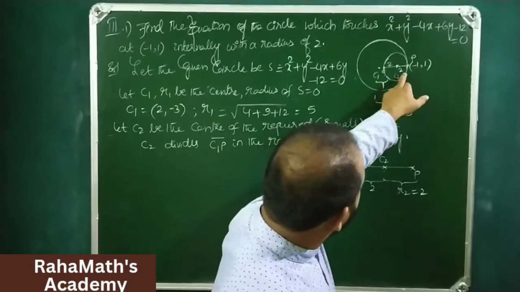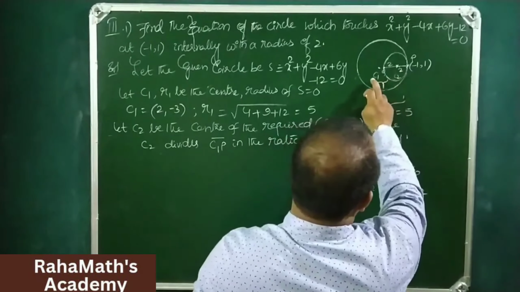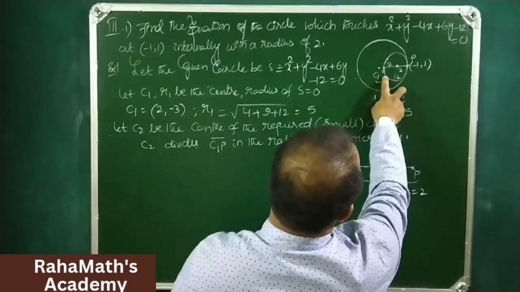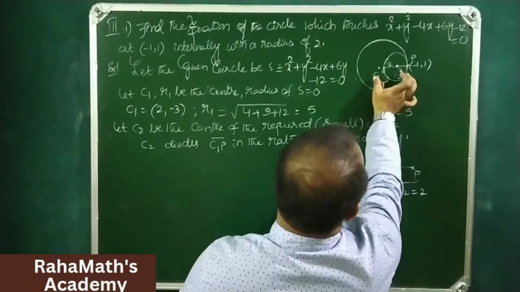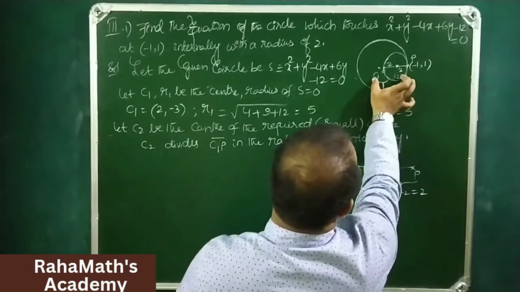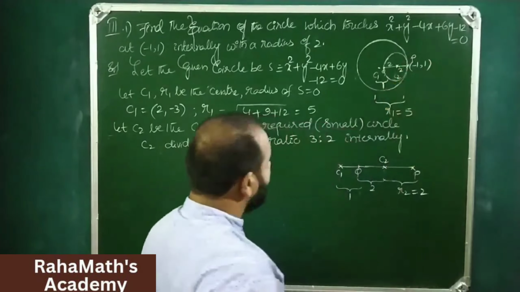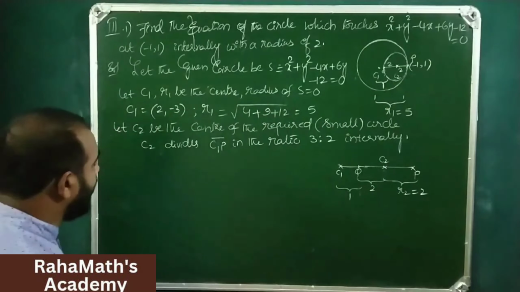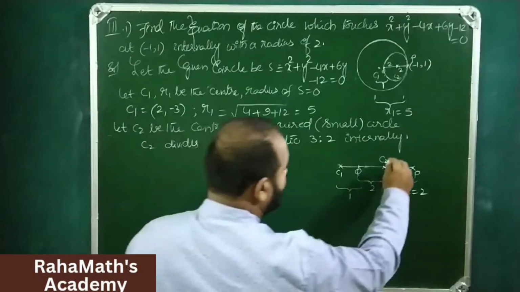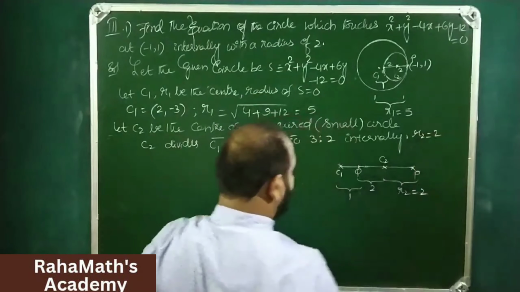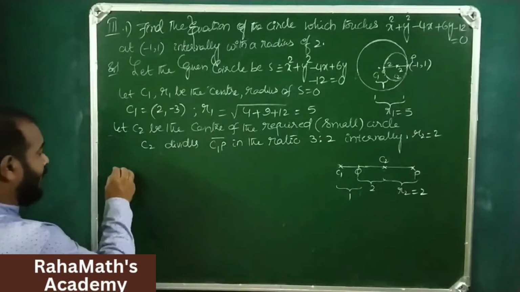And C2 divides C1P in the ratio C1Q plus QC2, this is 1 plus 2, 3, is to C2P, this is 2, internally. And what is the radius of the small circle? R2 is equals to how much? Given it is 2.